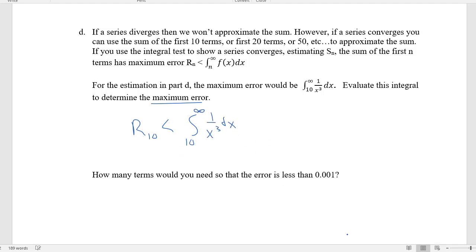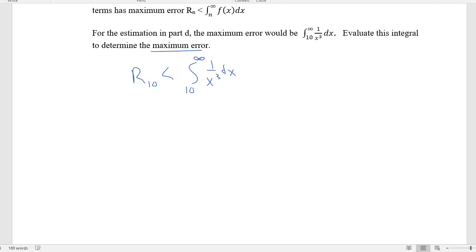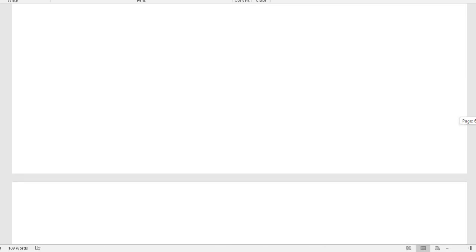I paused the video again real quick to give myself a little more room to write. Technically I need to evaluate this integral and find out what that maximal area is going to be. I have already evaluated this integral, so I don't want to evaluate it again. I'm going from 10 to infinity, so I'm going to scroll back up to where we evaluated that integral.